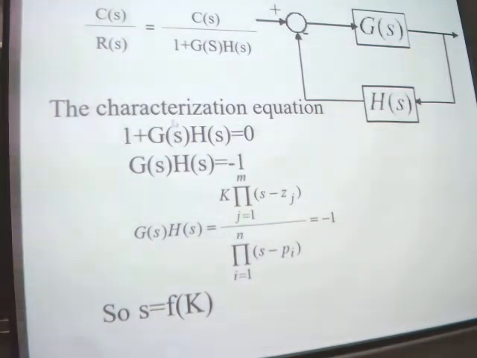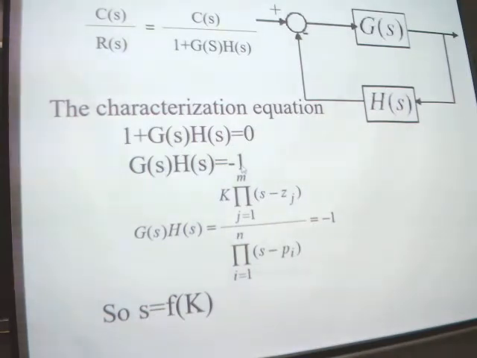For this equation, there is a parameter k. When k is changed, the roots of the equation also change.